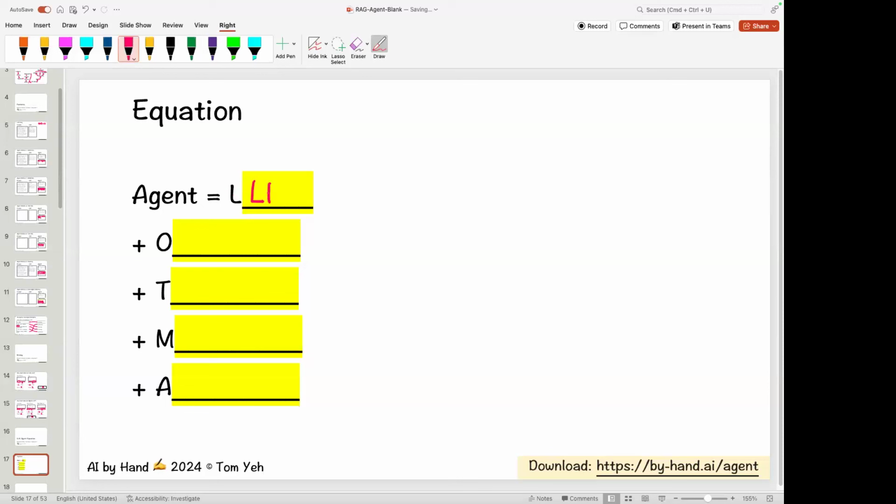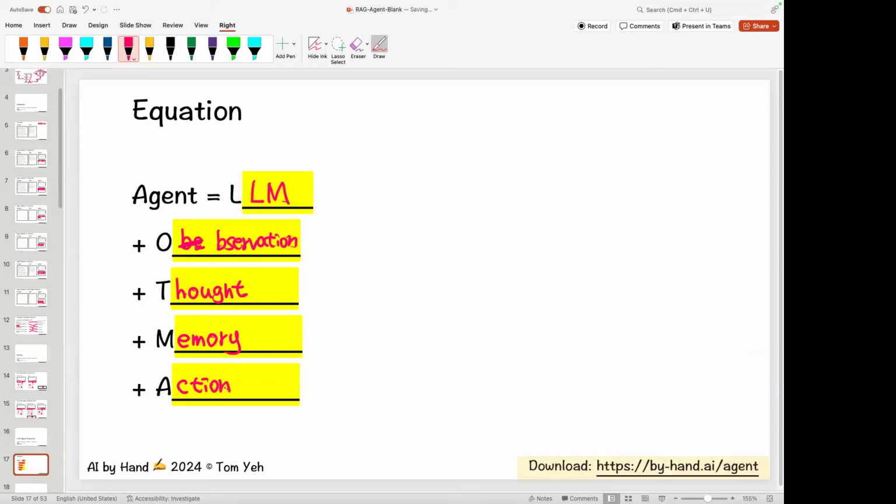L is large language model, plus O, observation, being able to observe stuff, and then also add thought. An agent can think about stuff. Reflection. It has memory, can remember your past interactions and some other facts, and action, take actions. All right, so this is what an agent is.